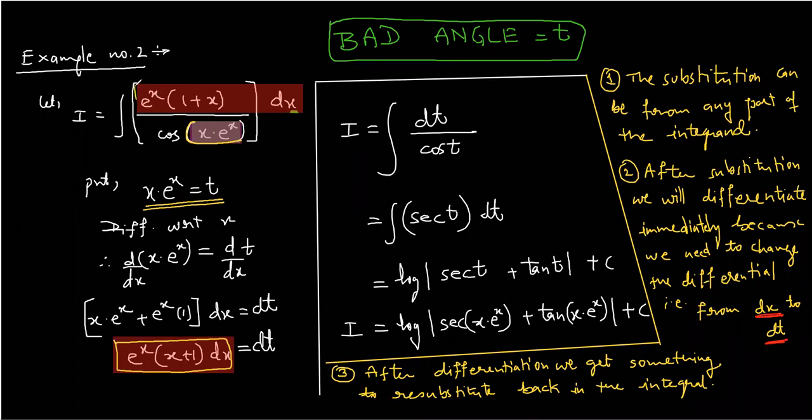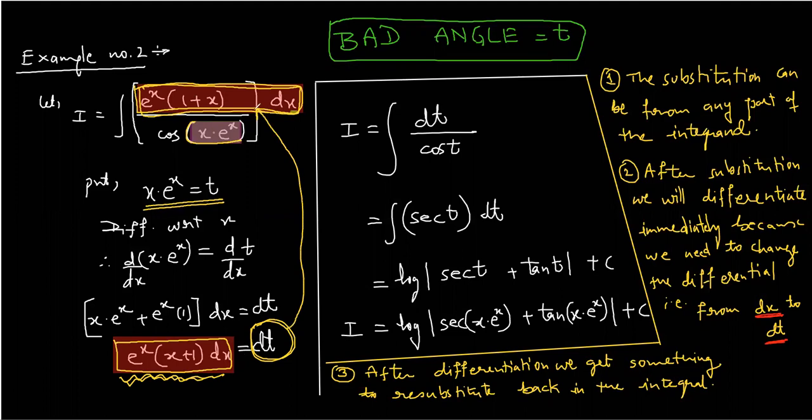You see this? It was here. That is what I said in the third pointer, that after differentiation, we get something to resubstitute back in the integral. So this thing which I got as a dt, I already notice it here. So I'm getting this to resubstitute back.